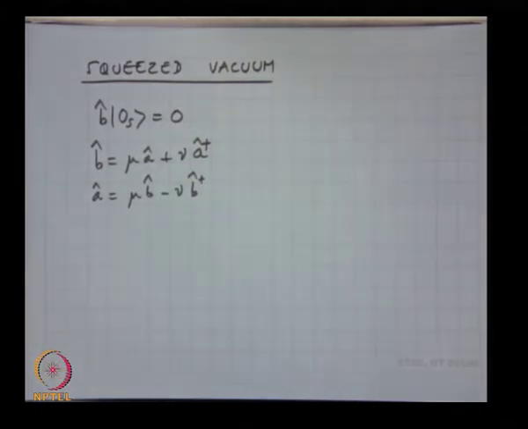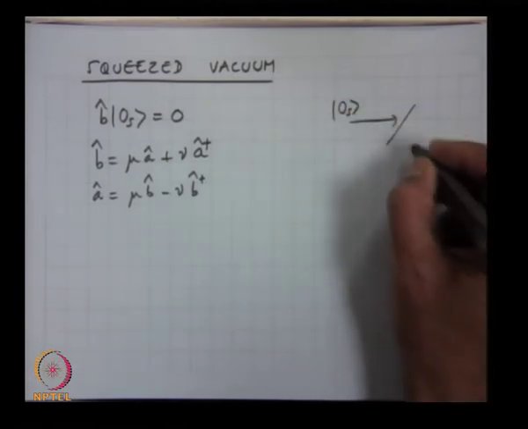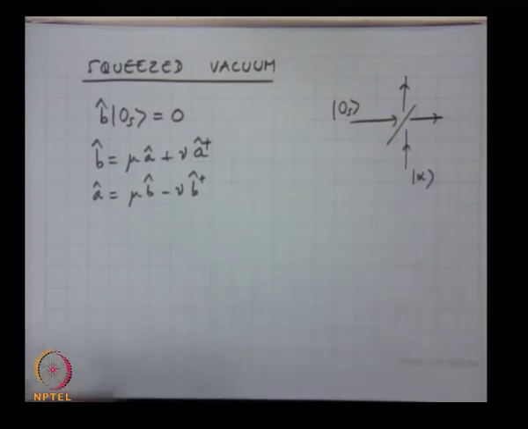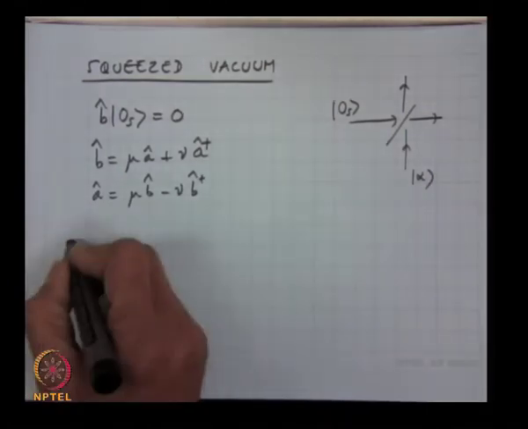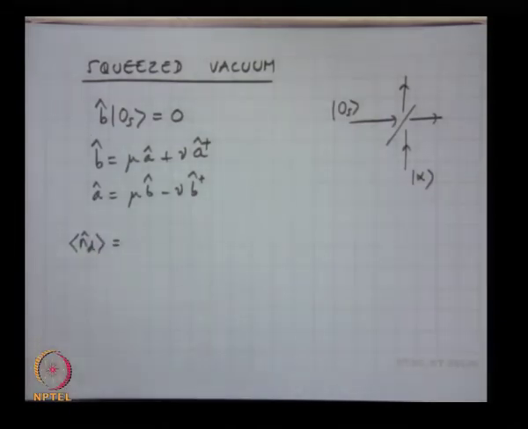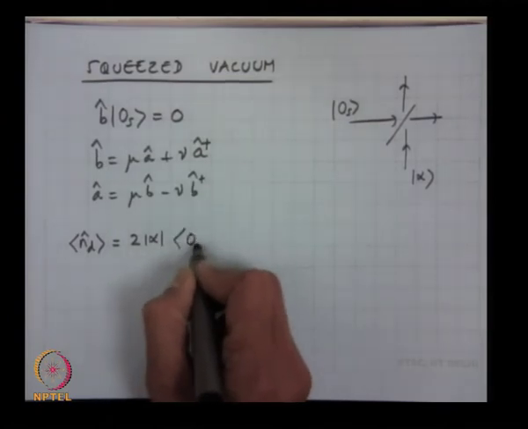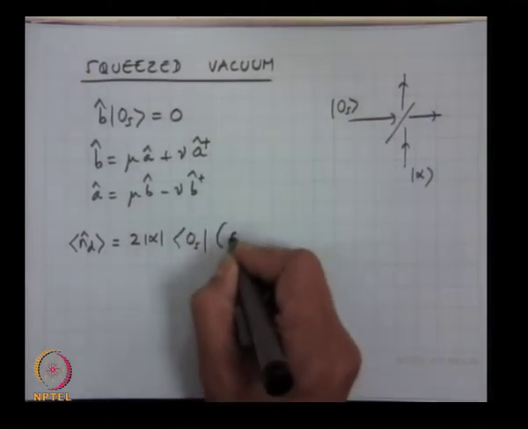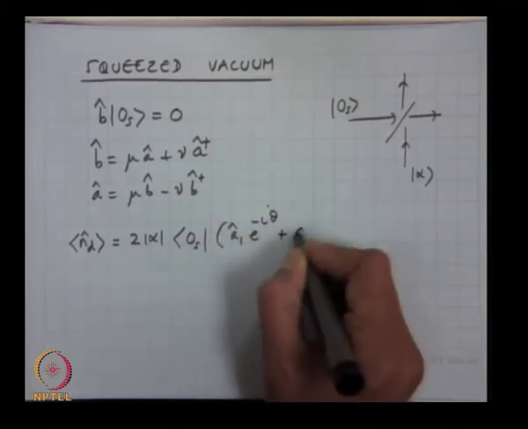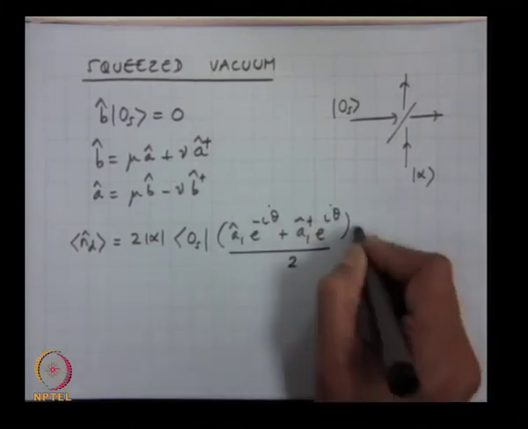So first let's calculate. What I'm getting is, this is the squeezed vacuum state coming from here, and this is the alpha state, and I'm measuring in 3 and 4. Expectation value of n_D is, in the state alpha with the squeezed vacuum, a1 e to the power minus i theta plus a1 dagger e to the power i theta.